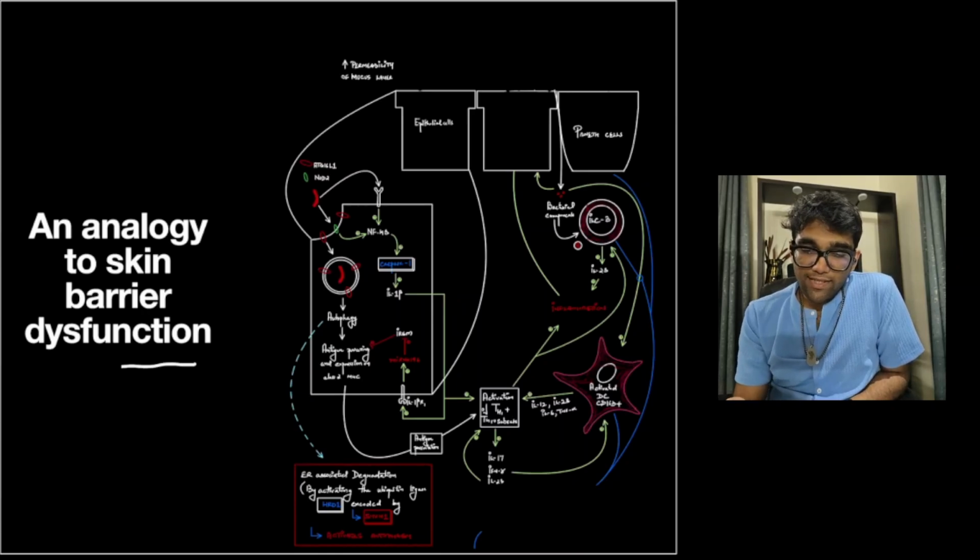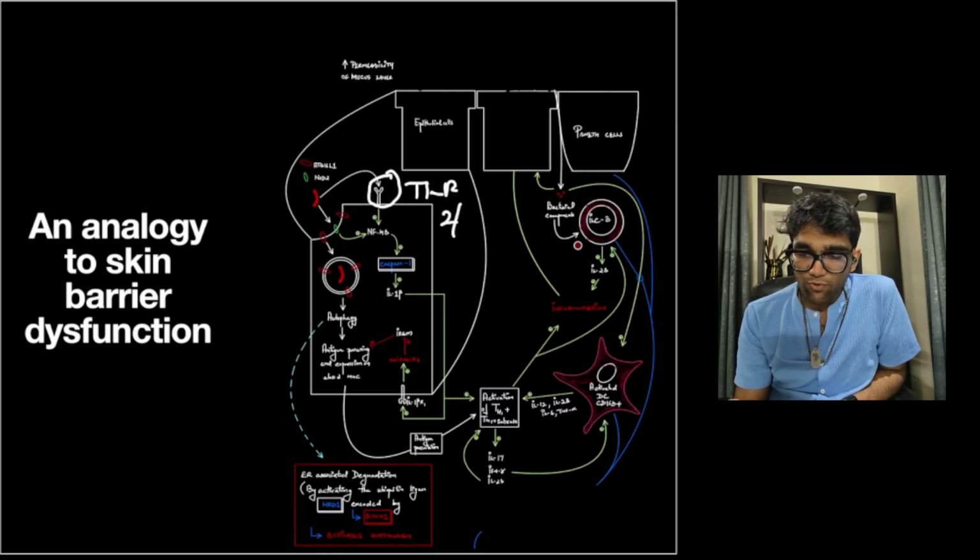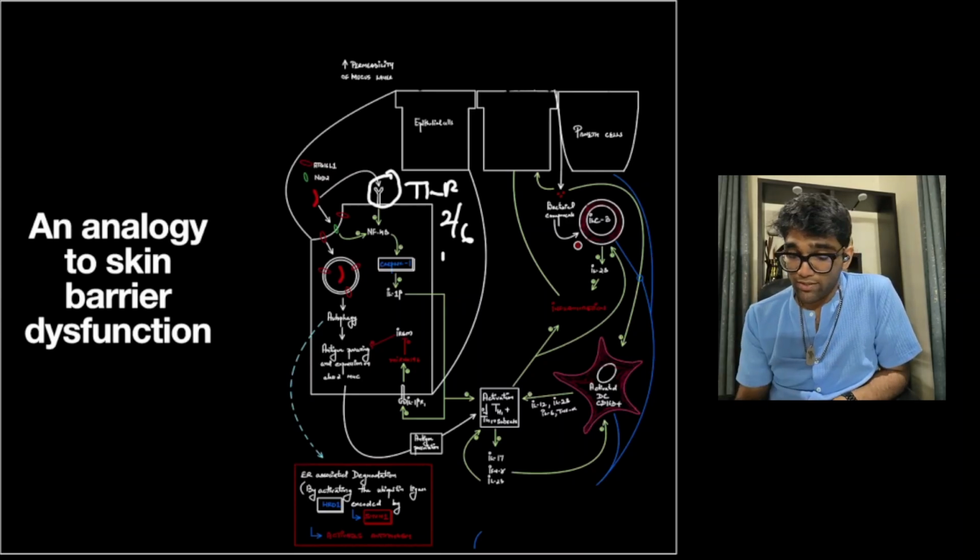So once the threshold is crossed, surface TLRs on the epithelial cell, specifically TLR1, 2, 6 and TLR4, start activating NF-kappa B because they detect bacterial products.